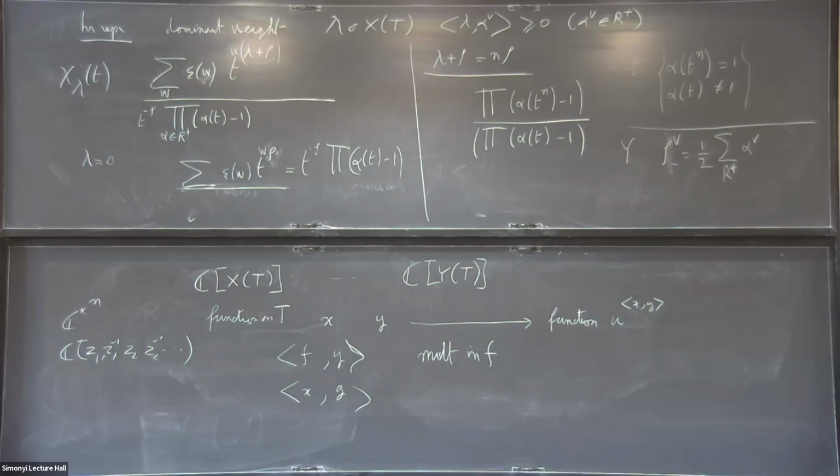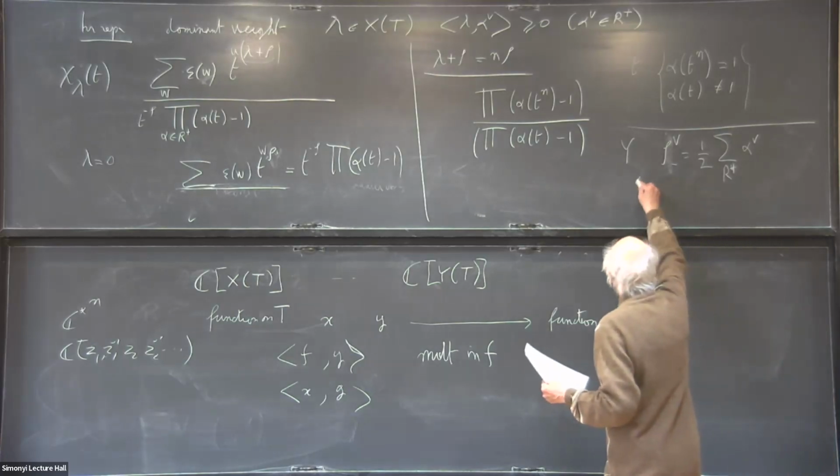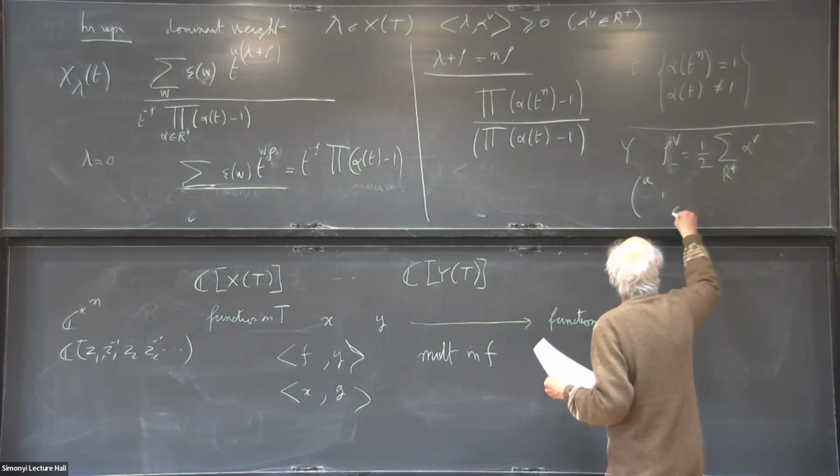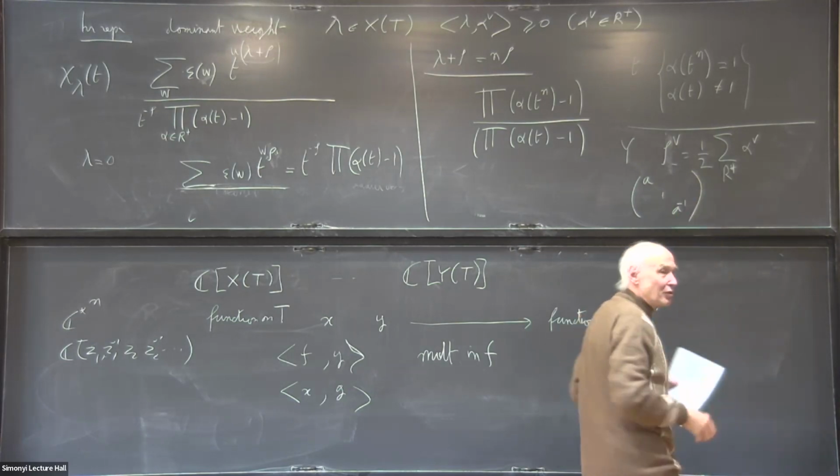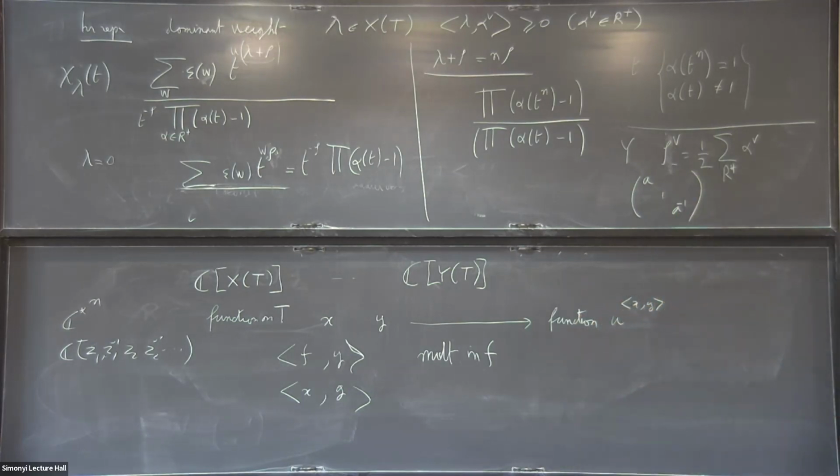Maybe I should tell what this one parameter subgroup is. If I take the case of SL3, it will be A1, for instance. And now I put the w to the other side. This is this pairing between lambda plus rho and the sum of epsilon(w) w of rho hat.